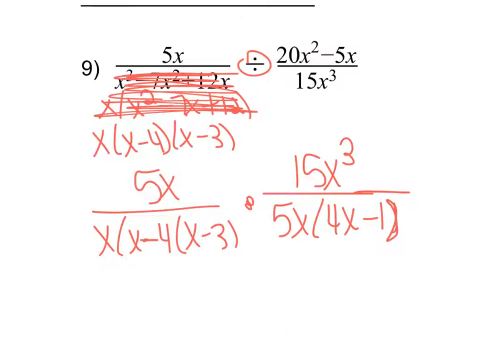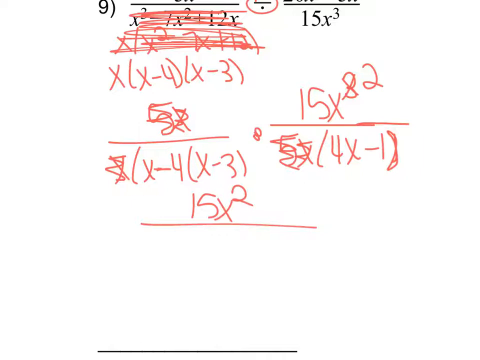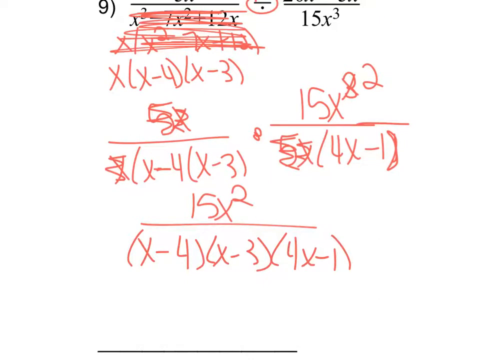If I look here, I've got an x here and here that I can simplify with. I have a 5 and a 5. I've got an x to the third and an x, which would make that x squared. And my binomials on the bottom don't have anything I can simplify. So I'm left with 15x squared in the top, and x minus 4, x minus 3, and 4x minus 1, all in the denominator.